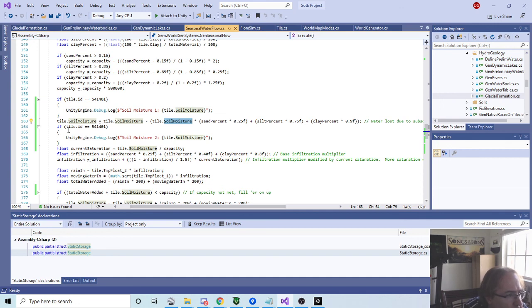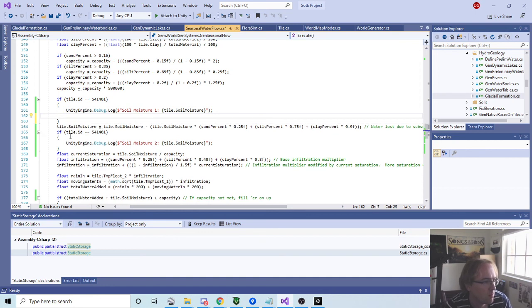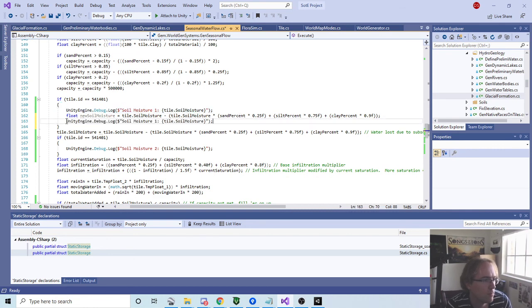So the question is... Let's log this out as well. Soil moisture 1.5.